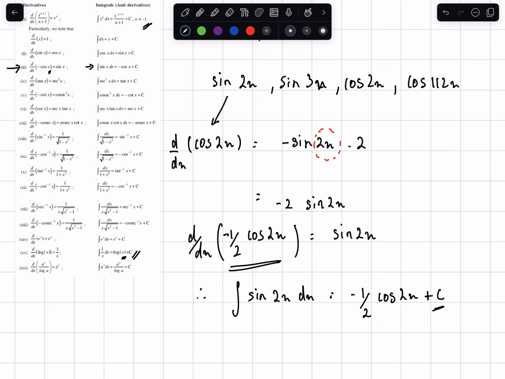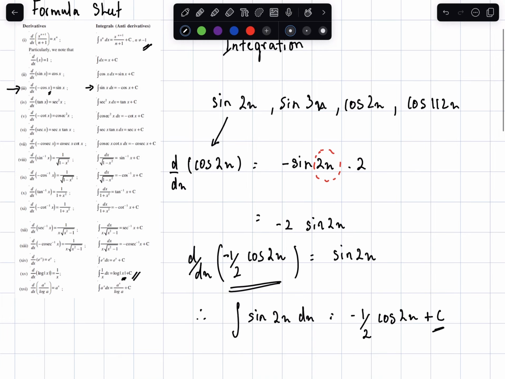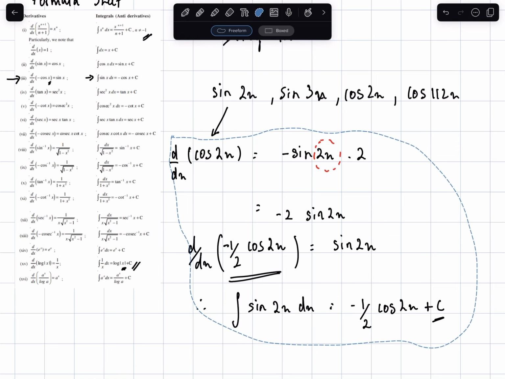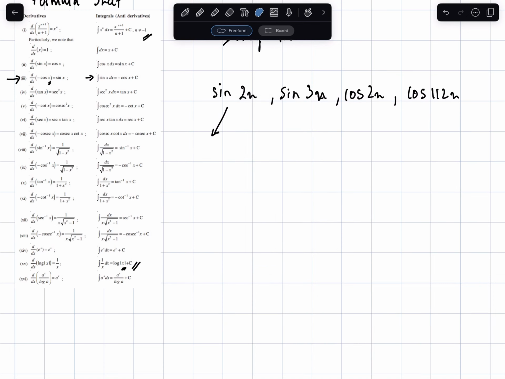Okay, it's as simple as that. Let's do another example of the same, repeating the same algorithm. Let's do cos 112x. You want to find the integral of cos 112x.